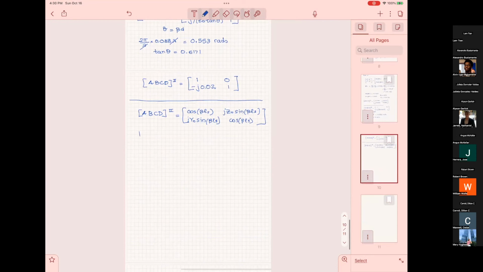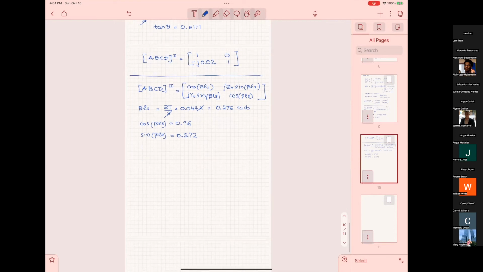So beta LS is 2 pi over lambda times 0.044 lambda, which is 2 times pi times 0.044, equals 0.276 rads, which makes the cosine of that 0.96, and the sine of 0.276 rads to be 0.272.